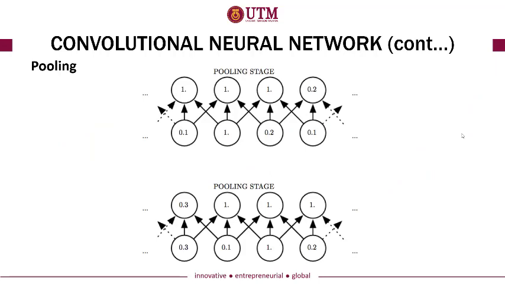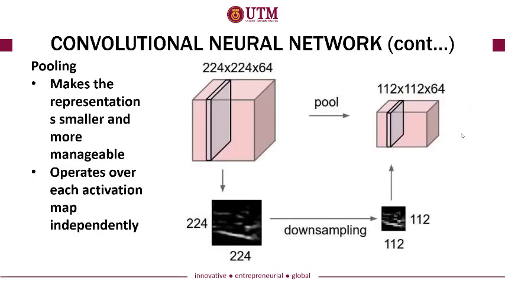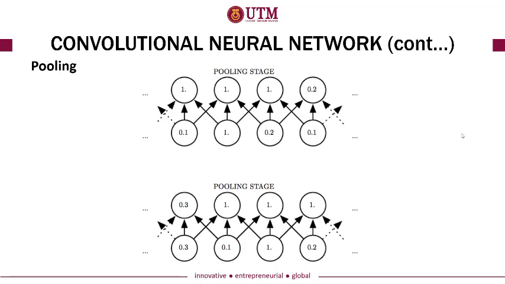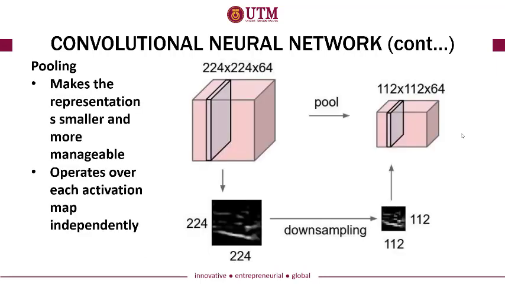This just shows you how pooling happens in the form of neurons, which are represented by circles. This is an example of how pooling makes the representation smaller and more manageable.